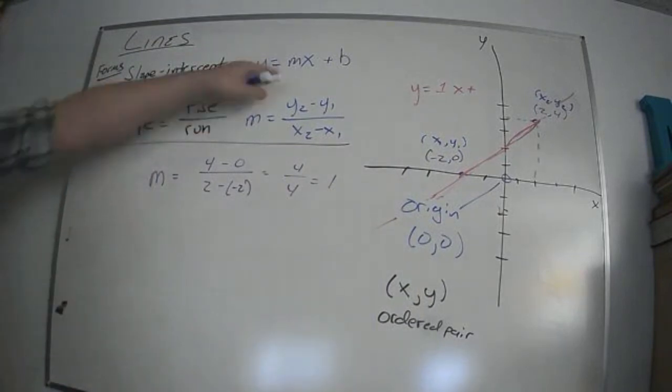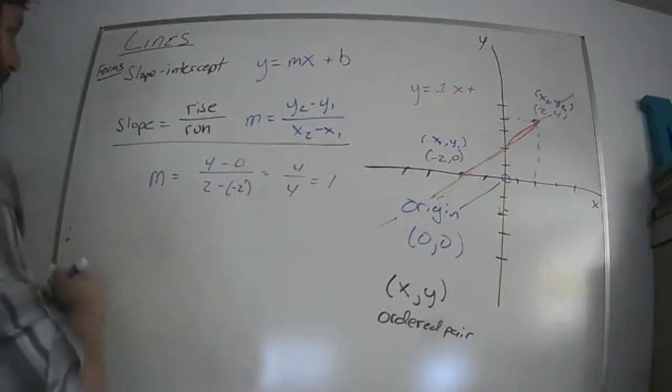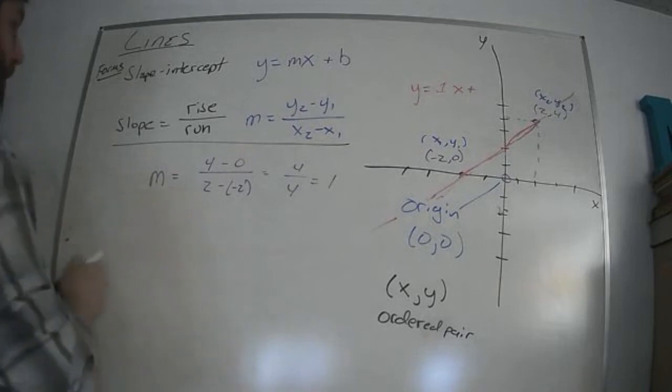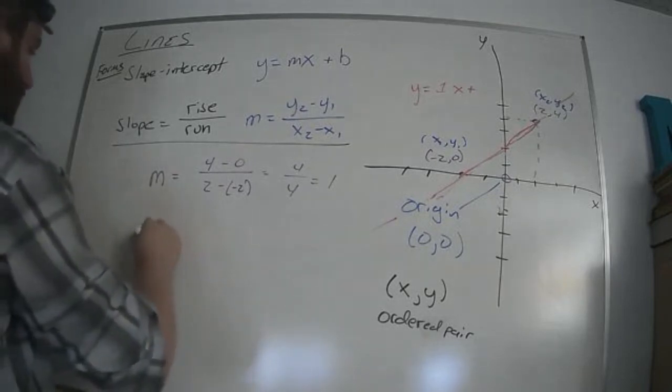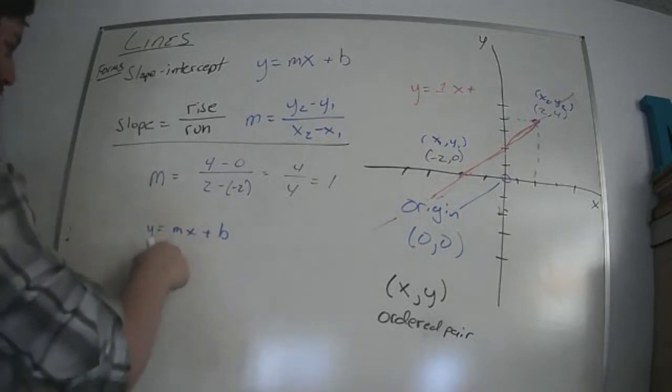So how do we get b? Well, I have y equals mx plus b, and I know that m is 1.